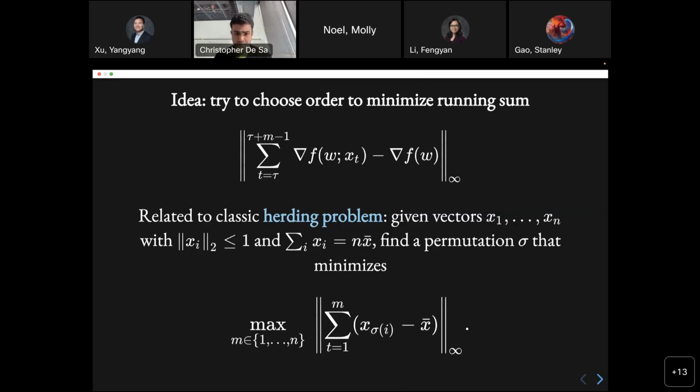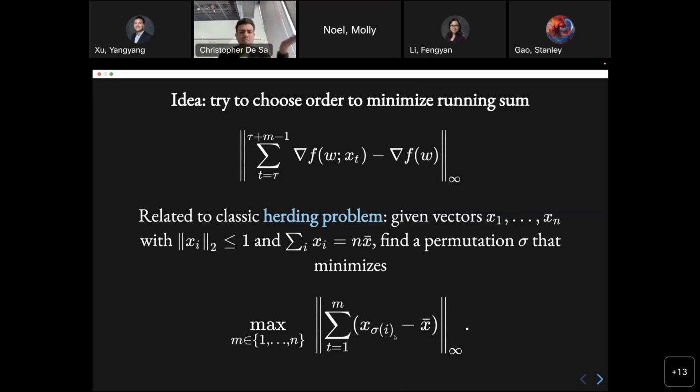So we want to reorder them in such a way that minimizes the worst case difference of a running sum of these vectors from a running sum of the average. So here we're maximizing over all m between 1 and n, and then this summation is basically a sum of the differences between the ith example that we chose in our permutation and the average.